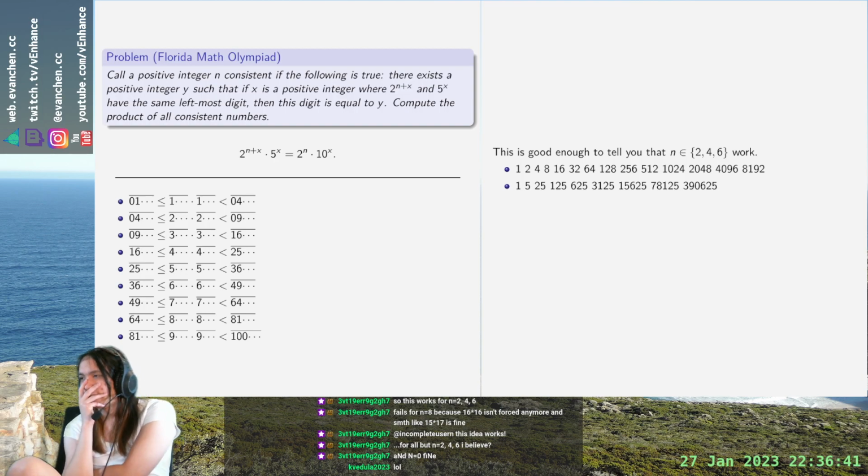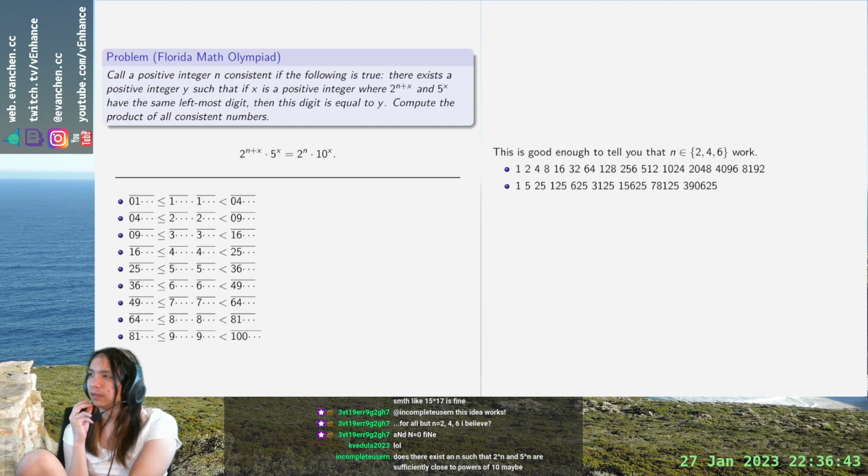But like, why does n equals 8 fail? It's because 256. You look at the table and look for what counterexamples you want.